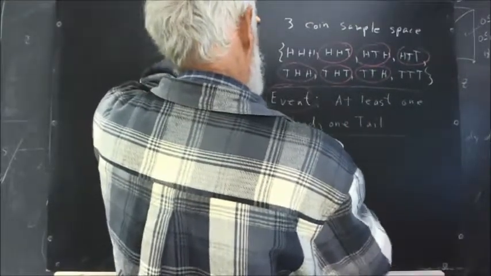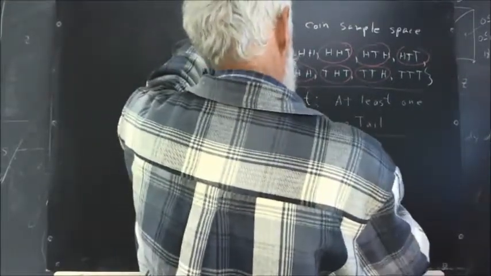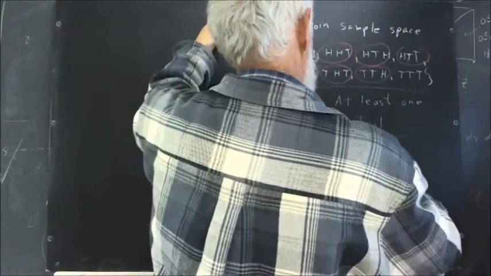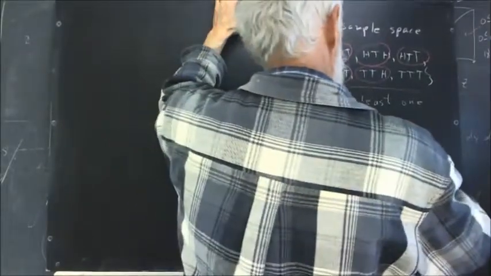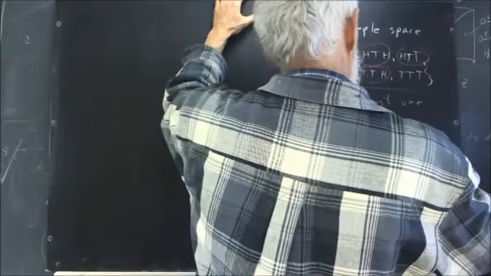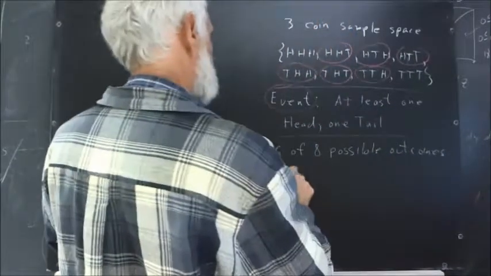Okay, so we see that 6 of the 8 possible outcomes correspond to the event.